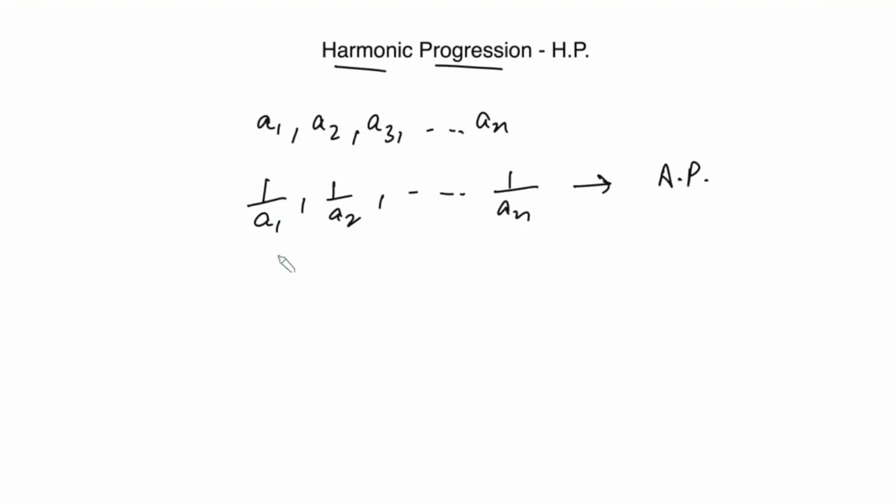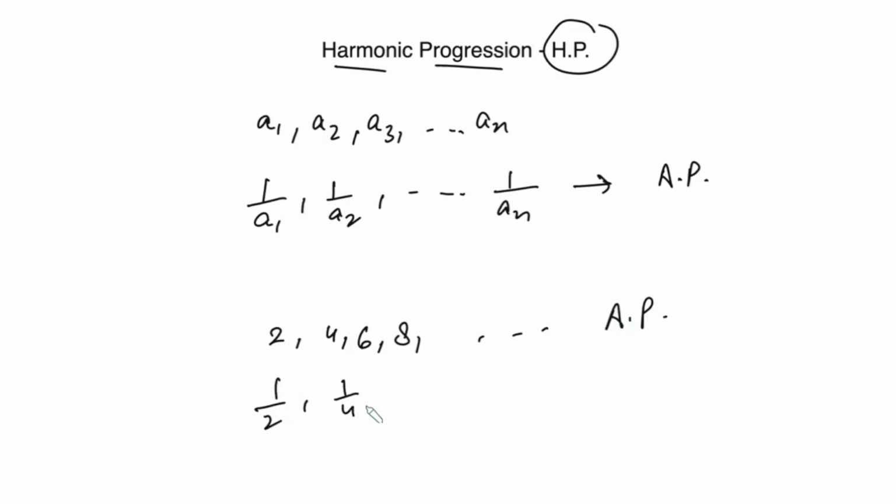In other words, if you take the reciprocal of an AP, you get an HP. So if 2, 4, 6, 8, and so on is an AP, then 1 over 2, 1 over 4, 1 over 6, and so on will form an HP.